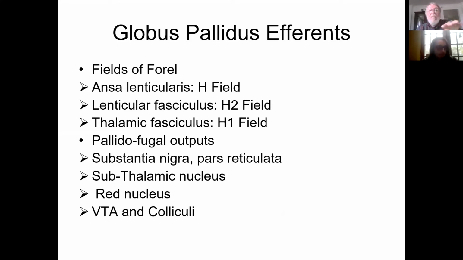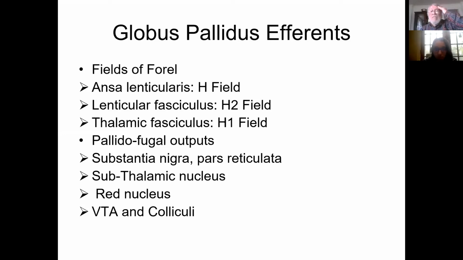And this is the area through which the H1 and the H2 fields of Forel, these globus pallidus efferents, run. It is also an area that contains dopamine-containing cells, the so-called A11 cell group. The A10 cell group was the ventral tegmental area. The A9 cell group was the substantia nigra. The A11 cell group is found up here in the zona incerta.